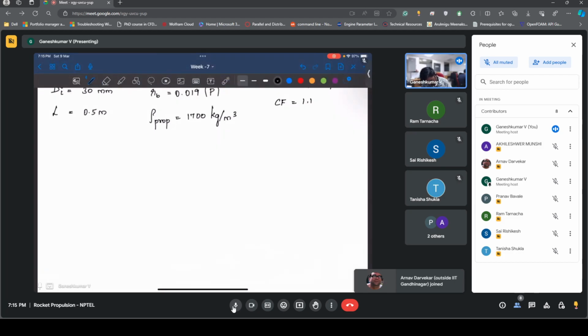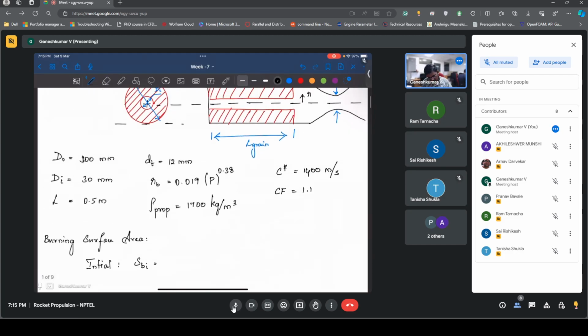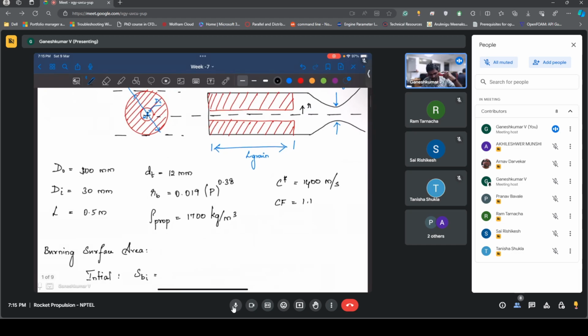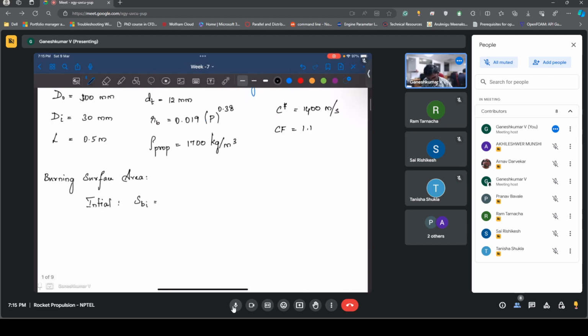So to find the burning surface area, first we need to know the initial one, SBI, which is going to be 2 pi r into length, or you can do pi d into length of the grain.